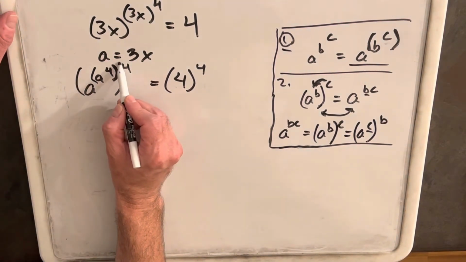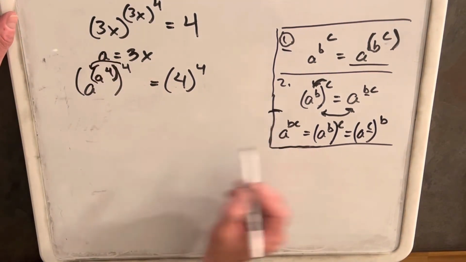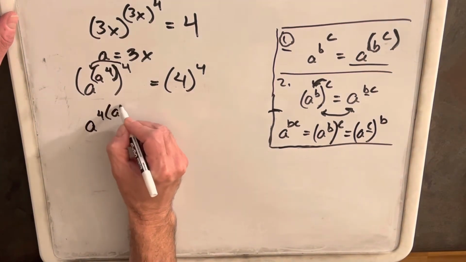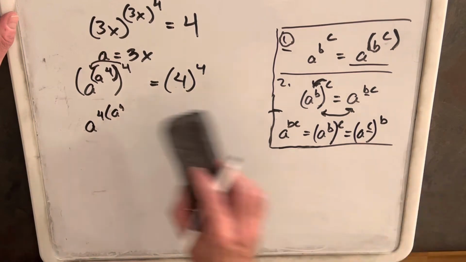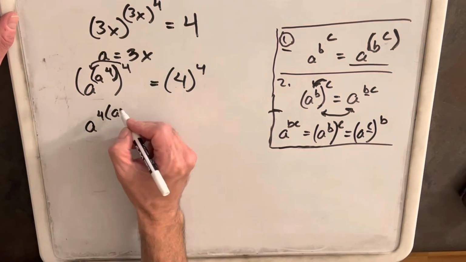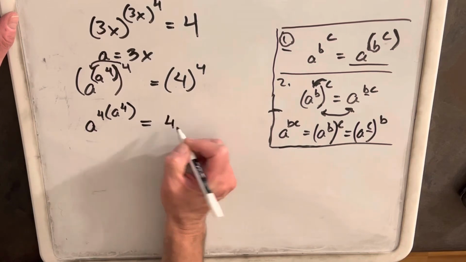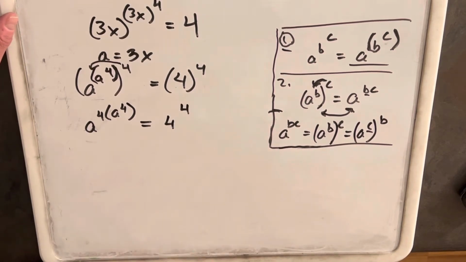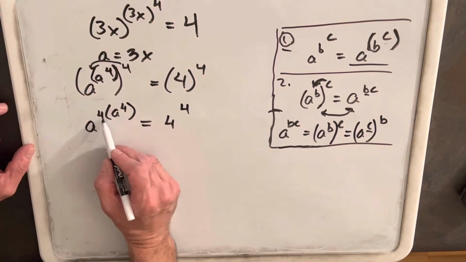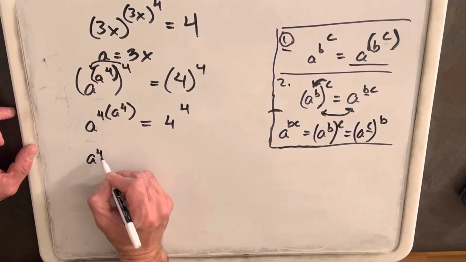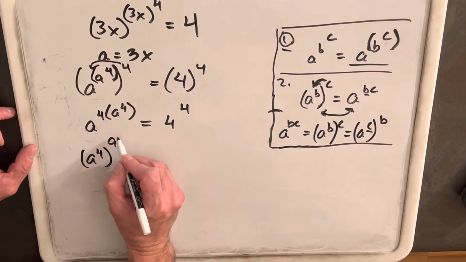So then we'll distribute this by our second rule here, and we'll end up with a to the a to the 4th, like so. This is just going to be 4 to the 4. But then we can take this left side and rewrite it like this.